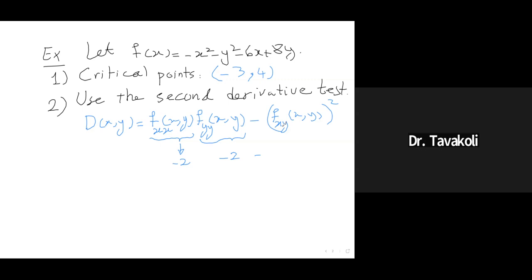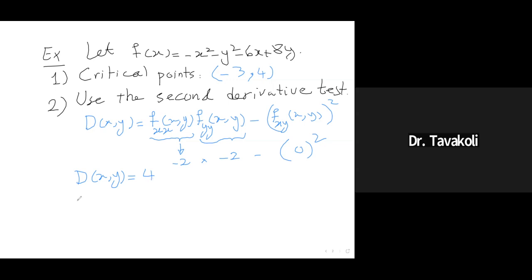If you differentiate with respect to x first and then with respect to y, you will get a 0. So -2 times -2 minus 0 squared. -2 times -2 is 4, 4 minus 0 is 4. So in fact, D(x, y), no matter what x and y are, is going to be 4.